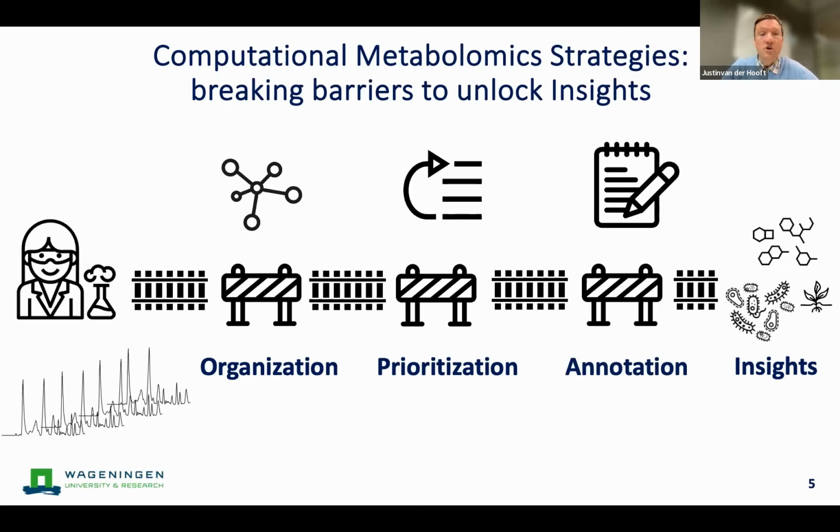Be it artifacts, but also there's still a lot of unknown metabolites out there. And also there, our team is still working on strategies to help get the annotation efficiency up. And then when these three roadblocks are passed, we hope that the researcher gets to more insights about their data.